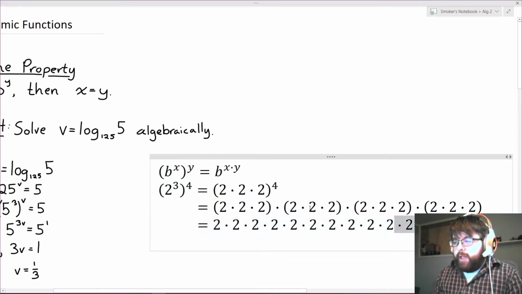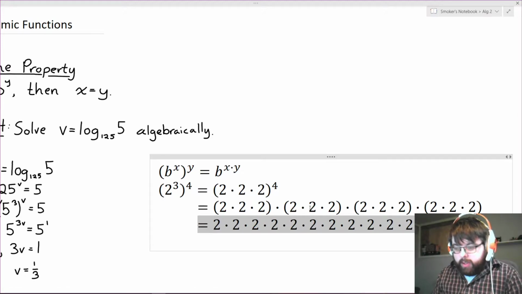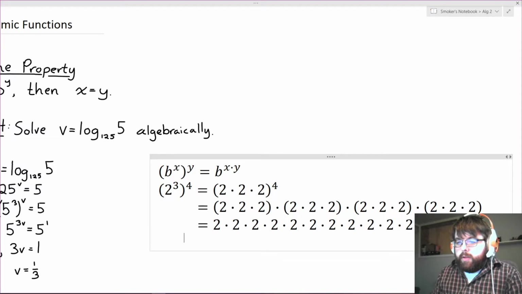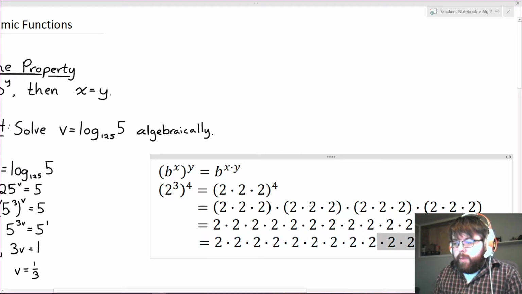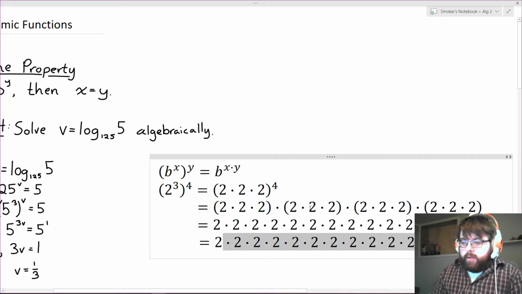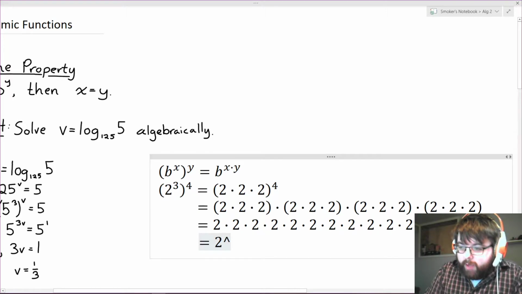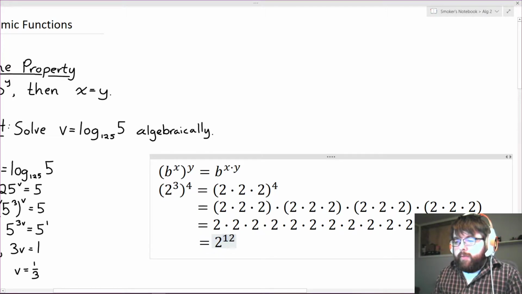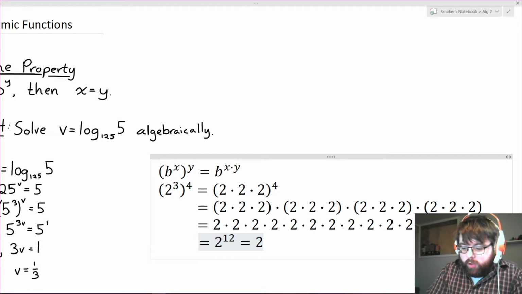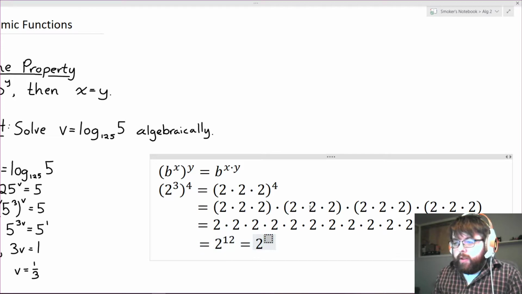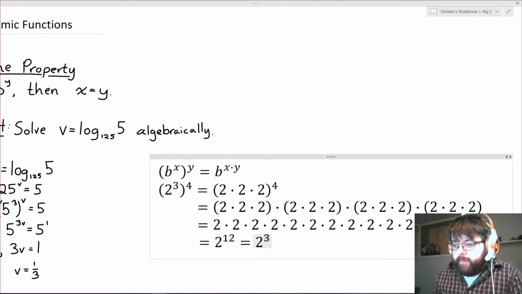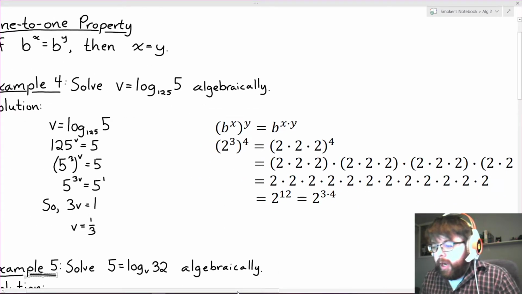And as you can see, with 12 2's, that is the same as 2 raised to the 12, right? Which is the same as 2 raised to the 3 times 4, that's what I meant. All right, so hopefully that makes sense.